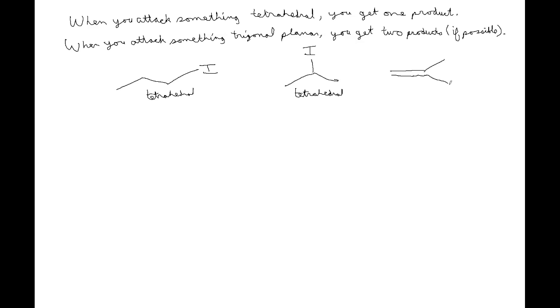Trigonal planar. Because it's sp2 hybridized. Good. What's the geometry of this carbon? It would be trigonal planar. Because carbocations are sp2 hybridized.